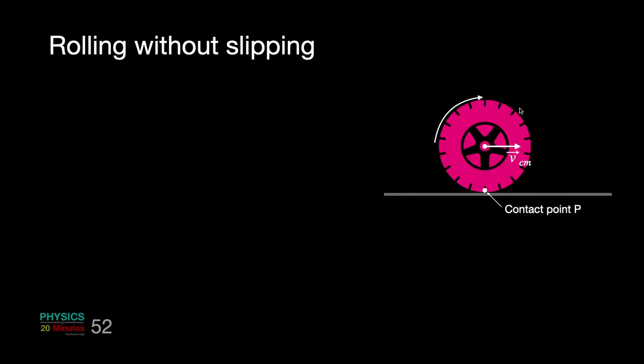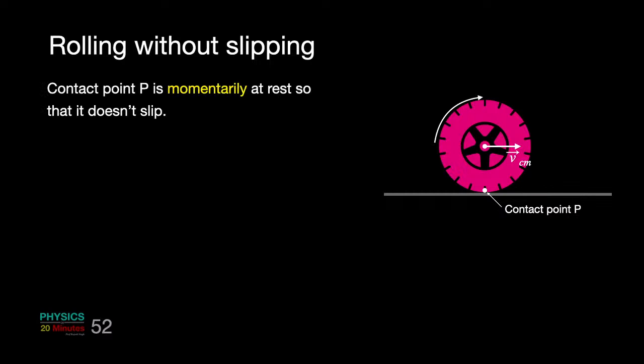So I have a wheel which is rolling on a surface. Now typically both the bodies are rigid, that is, the surface is also rigid and the rolling body is also rigid, and this is a very important assumption. I will discuss towards the end what will happen if this assumption breaks down.